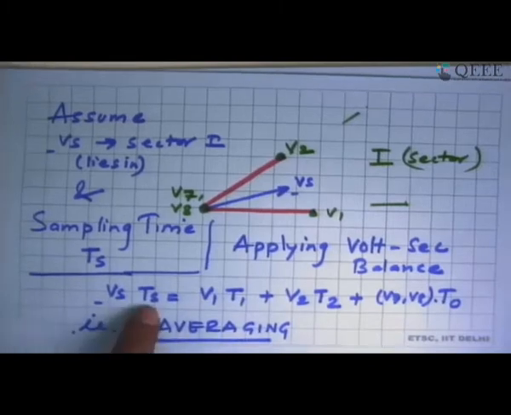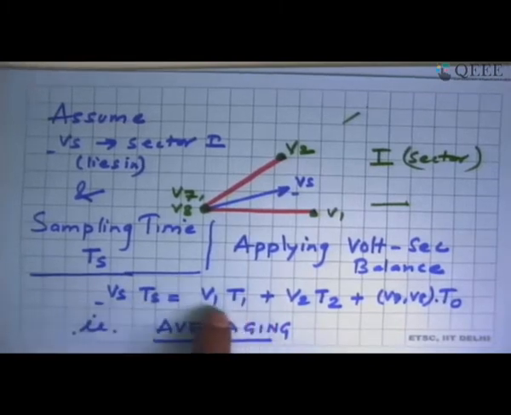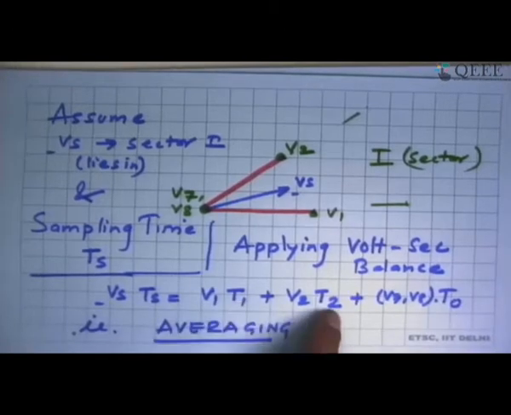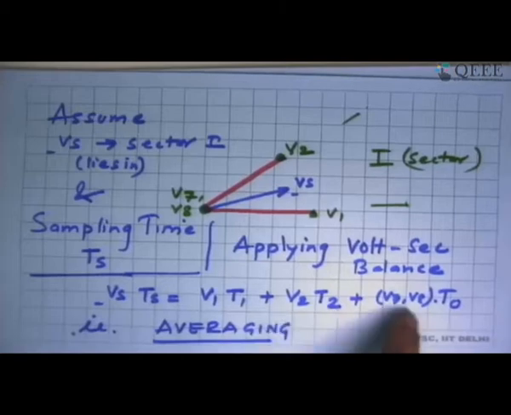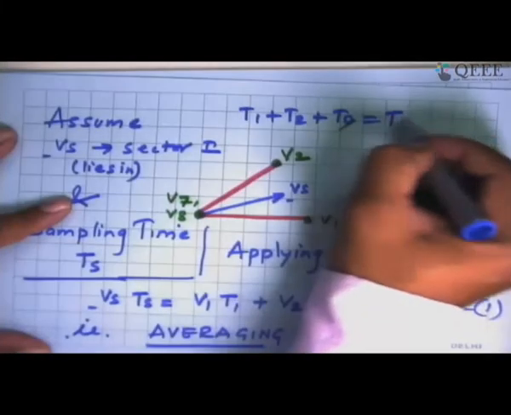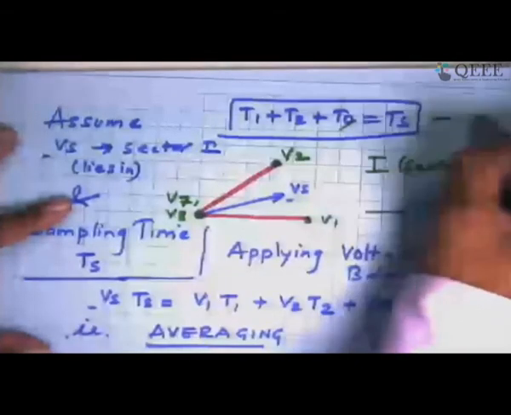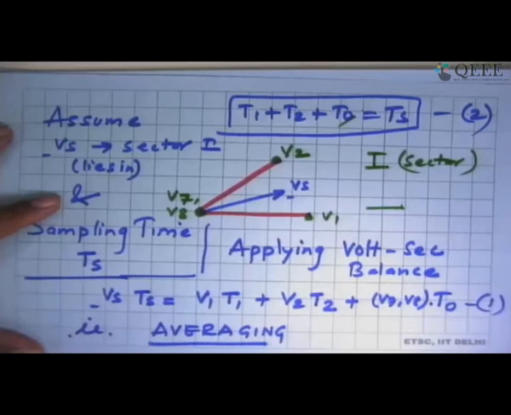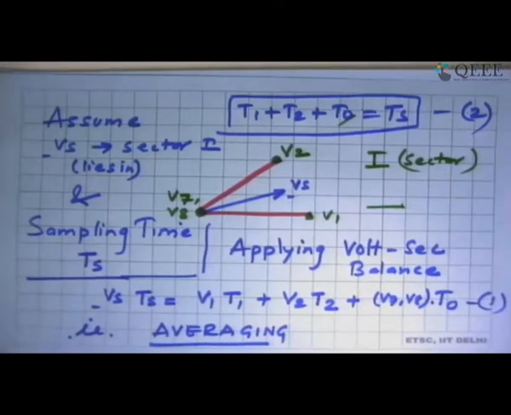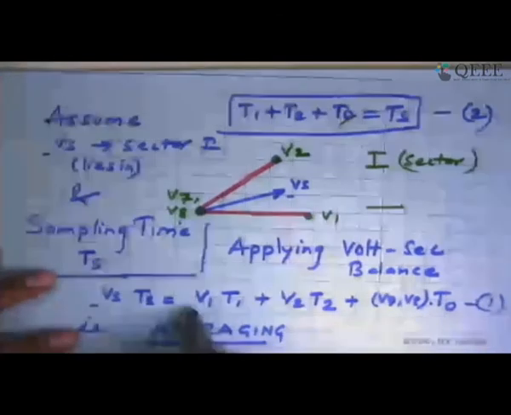Let's say for a sampling time of Ts, use a combination of applying V1 for T1 time, V2 for T2 time, and the zero vectors for the rest of the time, where T1 plus T2 plus T0 is equal to Ts. So these are also space vectors.